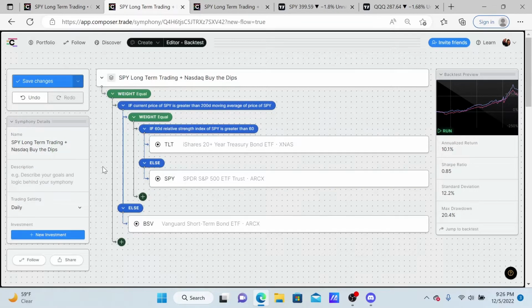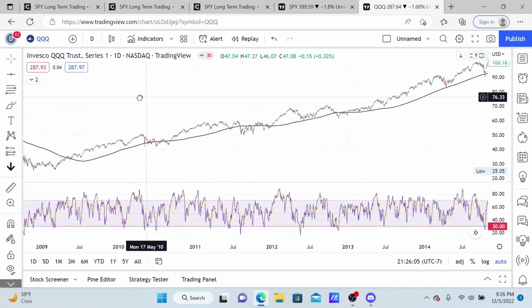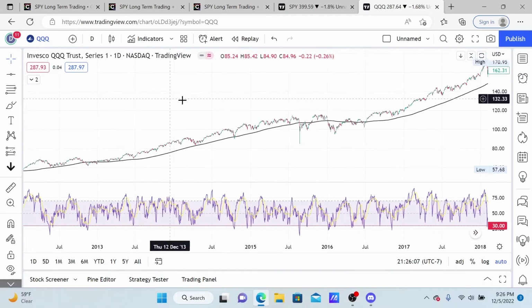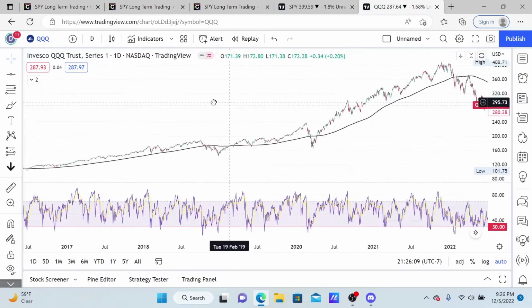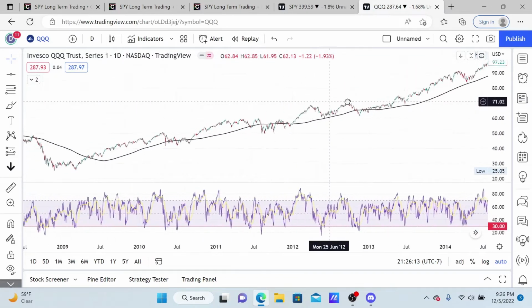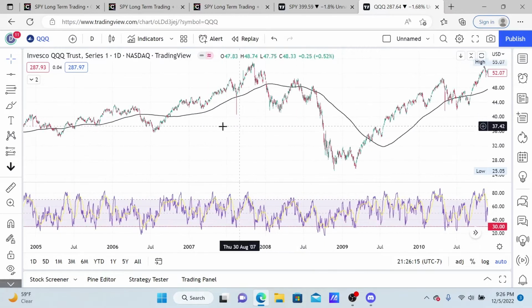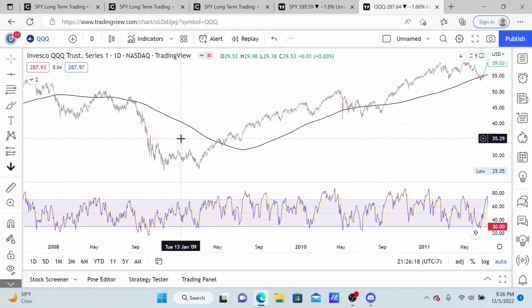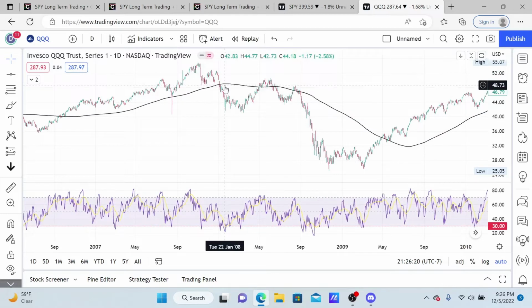Okay. So number 2, the second thing I like to do with TradingView and Composer is buy the dips in a bear market. So now I'm going to be looking at the trend below the 200-day moving average.